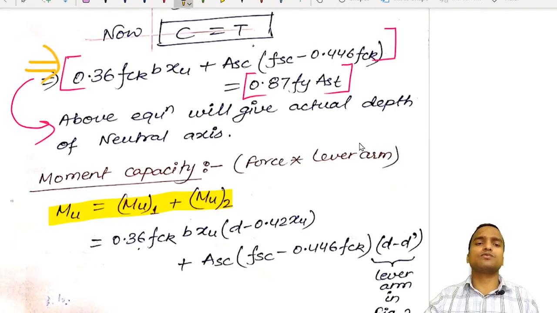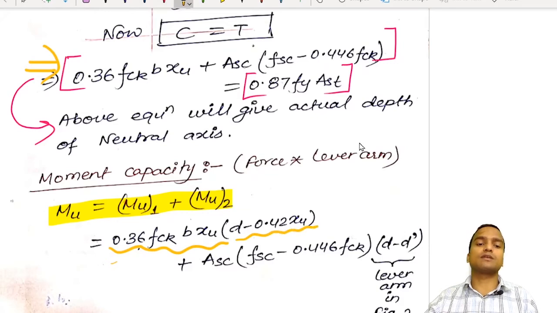Okay, and what we have done, we have multiplied the compressive forces with the corresponding lever arm. So first of all we have taken 0.36 fck b xu here and then multiplied it with d minus 0.42 xu.